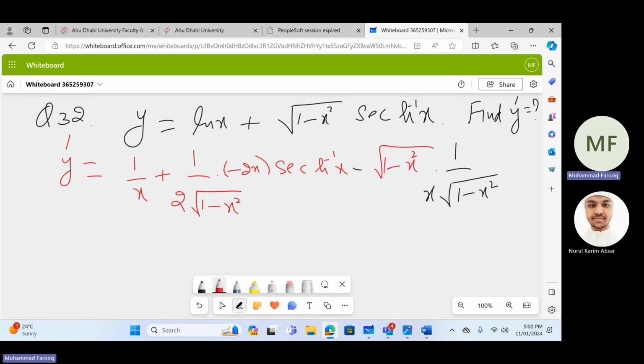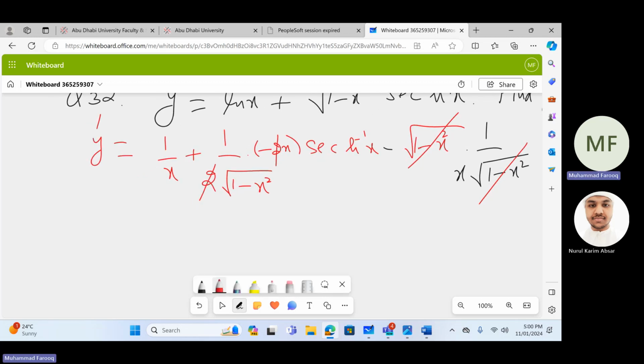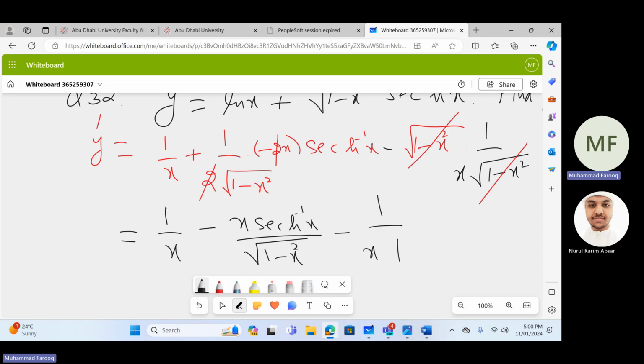What can we do? Cancel this with this? Yes. After this cancellation, I have 1 over x. Positive times negative is negative. This is x times secant inverse hyperbolic x, divided by the square root of 1 minus x squared, and minus 1 over x times the square root.